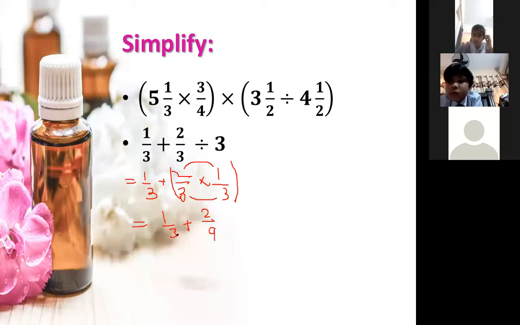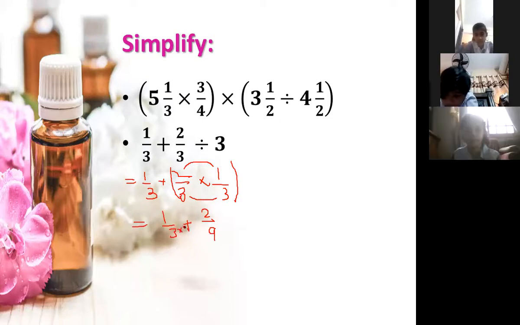Now you are going to add these two fractions. But you can see different denominators. This is 3, this is 9. So we can make it 9. How? 3 multiplied by 3. Similarly, we are going to multiply the numerator with the same number.